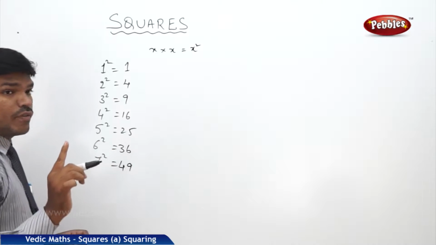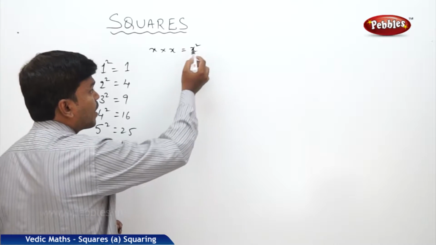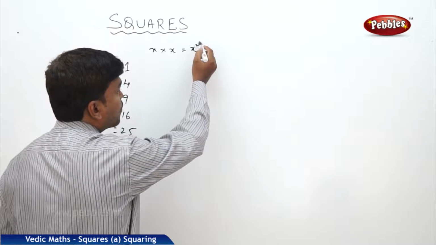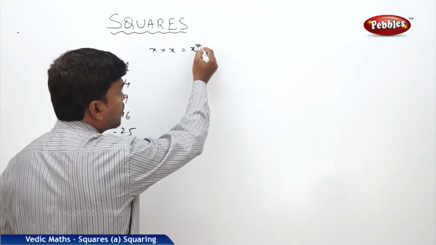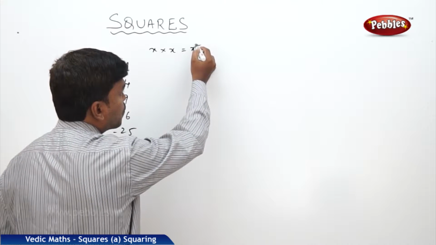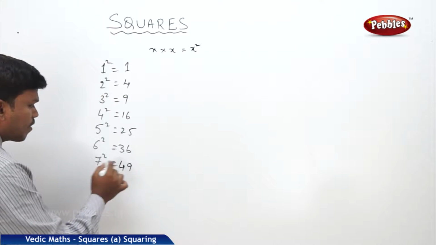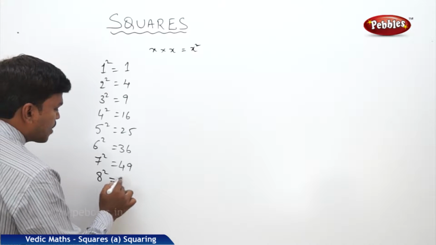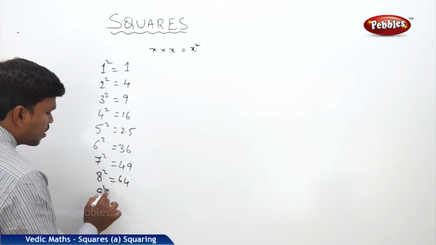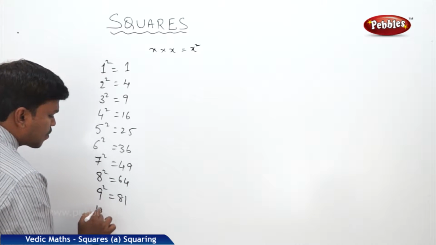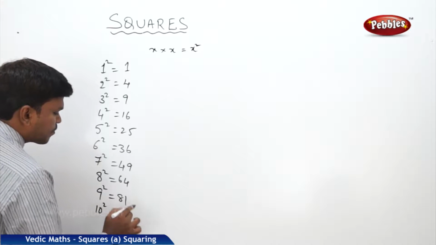And one more thing: the symbol for the square is a power 2 on the top of the number. This is the square symbol. Now 7 square 49, 8 square 64, 9 square 81, 10 square 100.